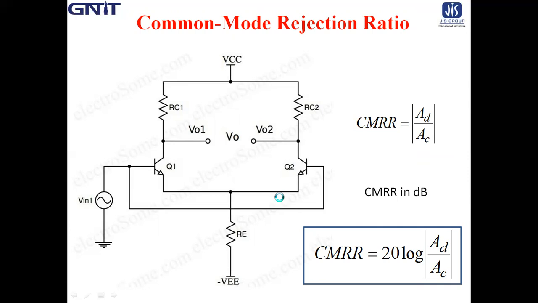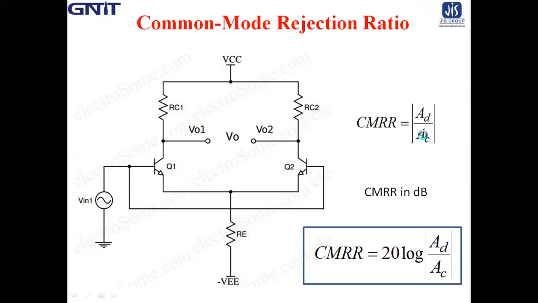In other words, the common mode gain, which is represented as AC, should ideally be zero, and the differential gain AD should ideally be infinitely large. Hence, the CMRR would be ideally equal to infinity. Now, how is it measured?